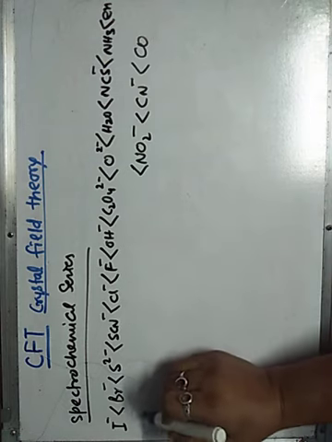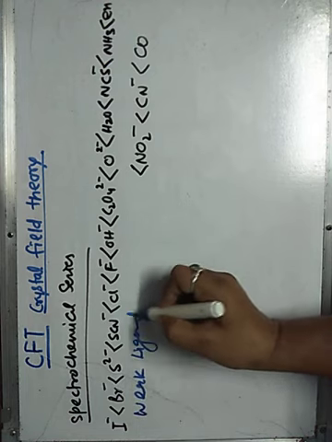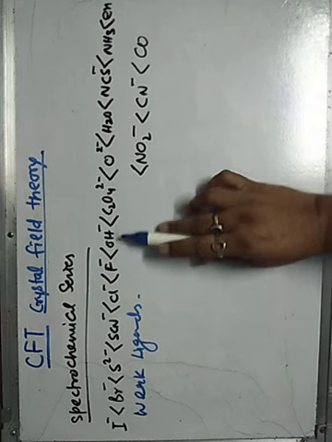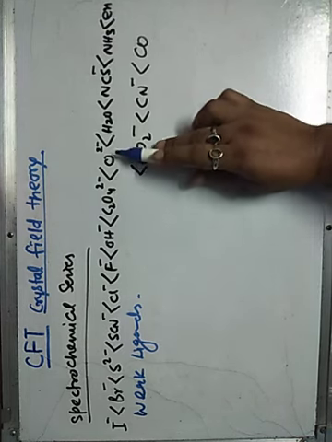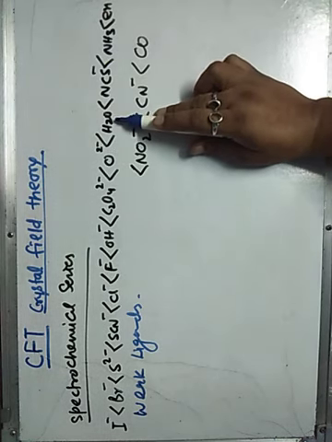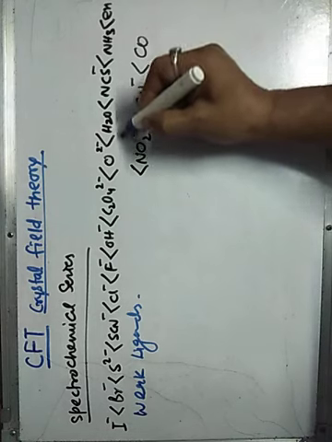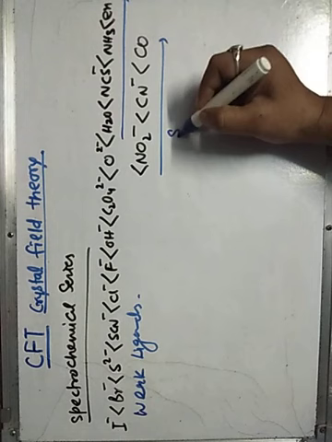Basically, these are the weak ligands, right? OH negative, C2O4 oxalate ions, O negative 2 and H2O.